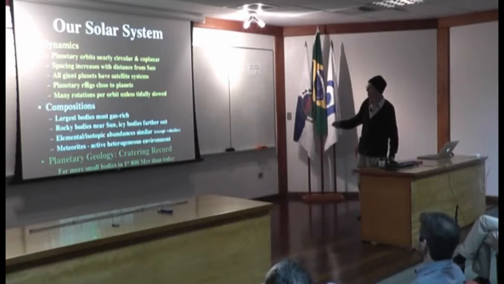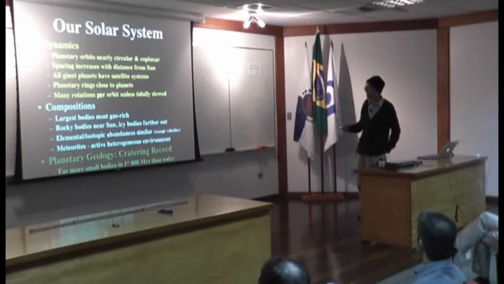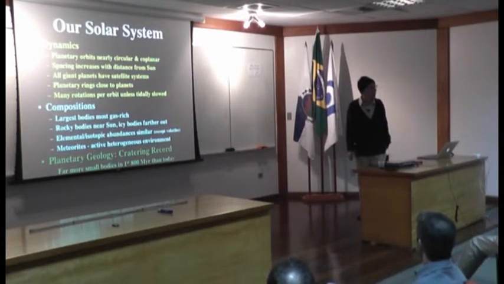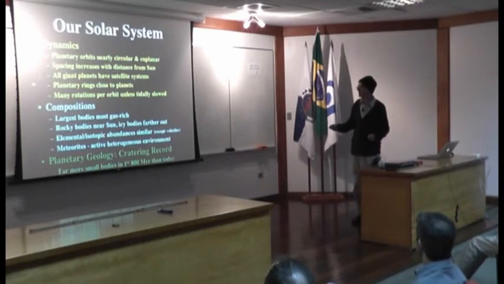I went over these yesterday, but quickly. Dynamics: planets' orbits are nearly circular and nearly in the same plane. The spacing is roughly geometric, so the fractional distance increase is roughly constant from planet to planet. The asteroid belt is a gap where something may have been and was thrown out.